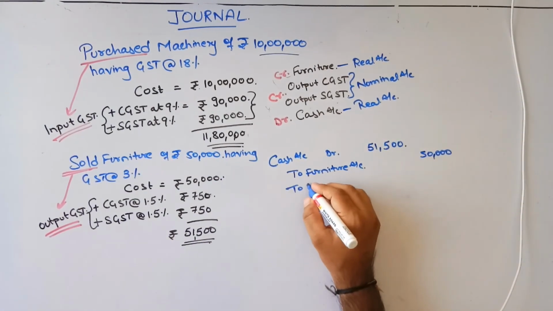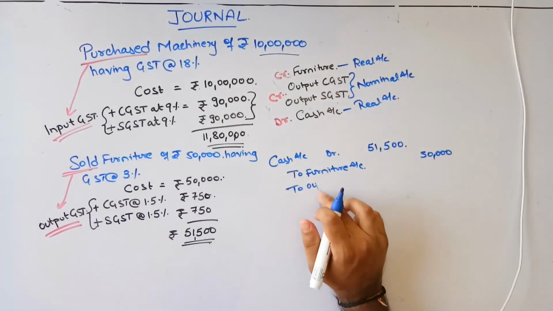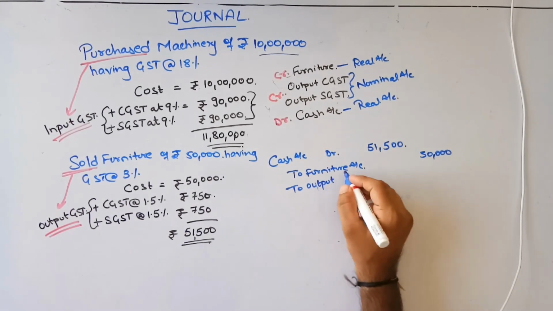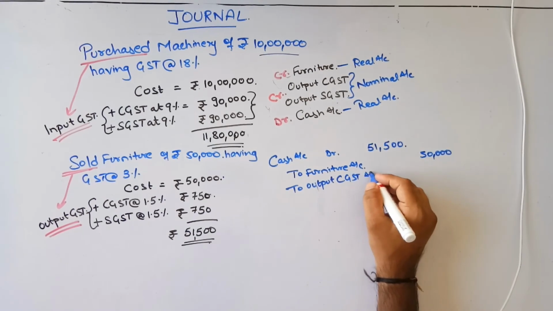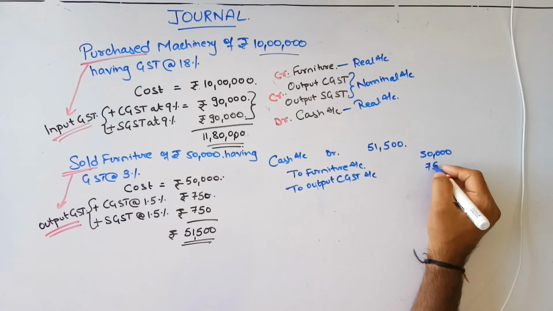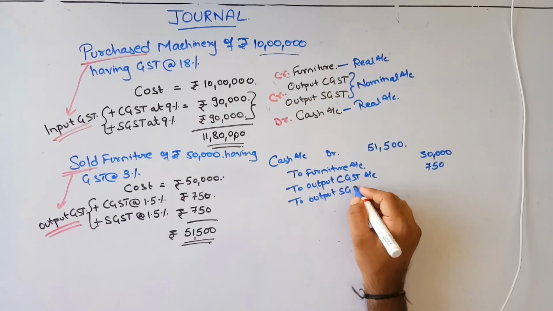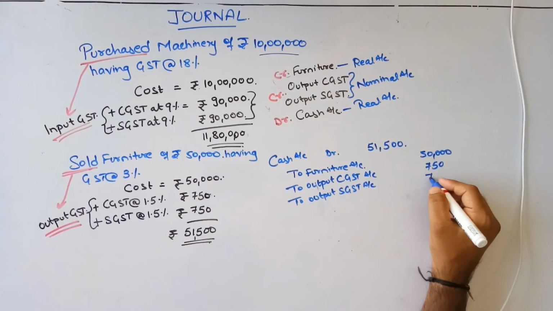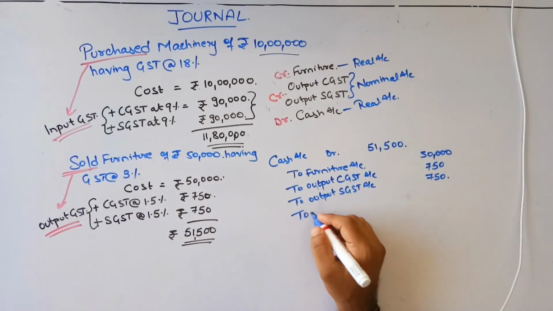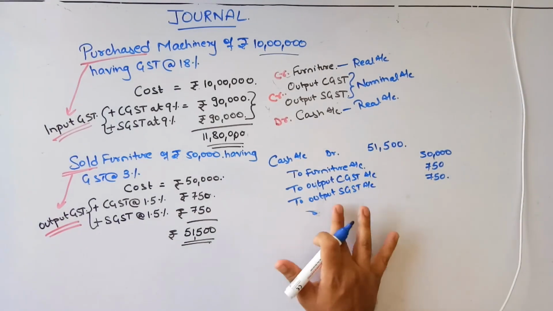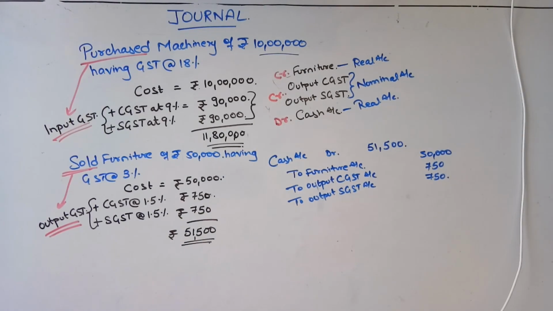To output CGST account. To output SGST account. Done. Any doubts, guys? Please check it properly. Okay. Are you okay with this? Fine. Perfect.